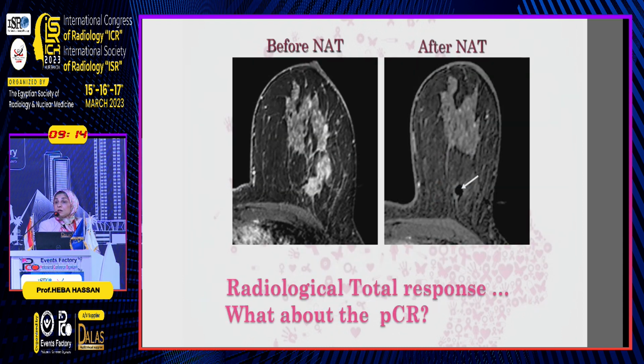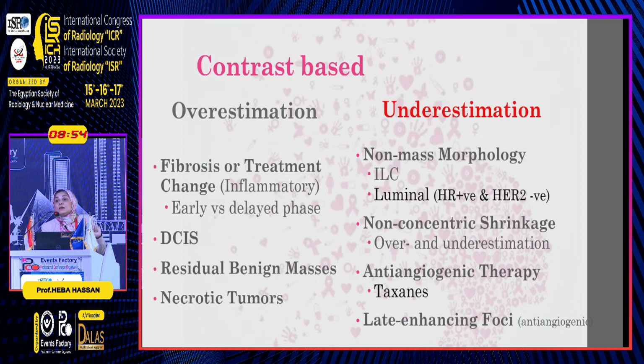Okay? The other thing that we have to ask ourselves is, okay, we have a lesion that totally vanished on imaging, but are we sure 100% that this radiological complete response would correlate with the pathological complete response or not? And this is very crucial. You have to know that MRI sometimes either over or underestimates the results.